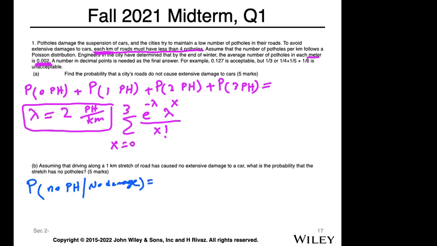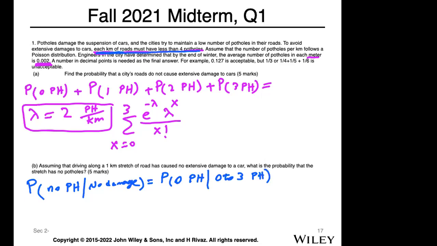Again, reading the question, the probability of no pothole is basically 0 potholes. Given no damage to the car, the question says that the number of potholes must be less than 4, so I have either 0, 1, 2, or 3 potholes.